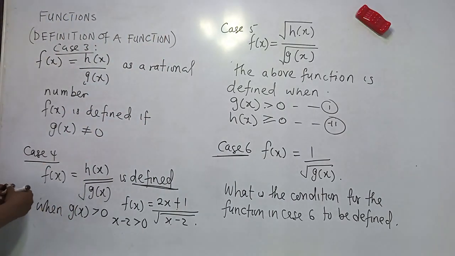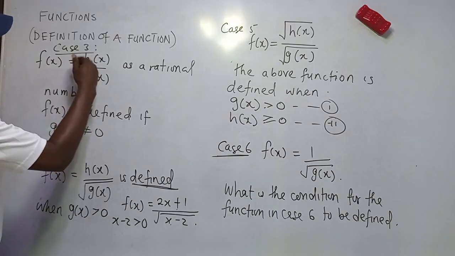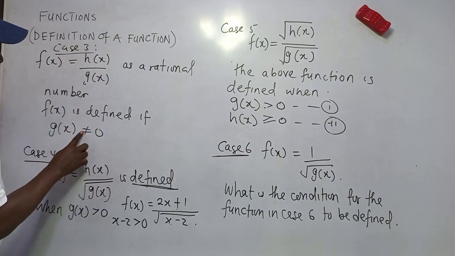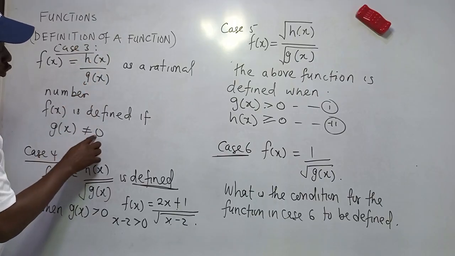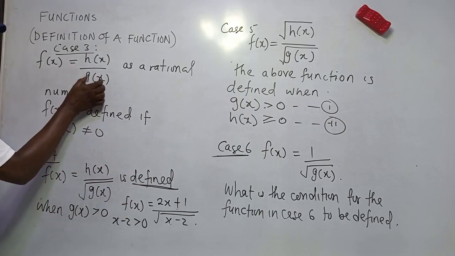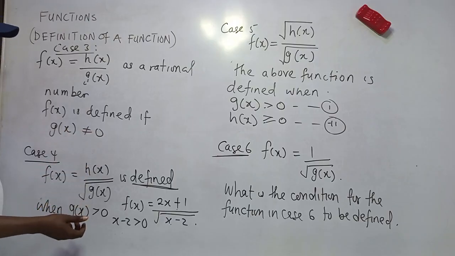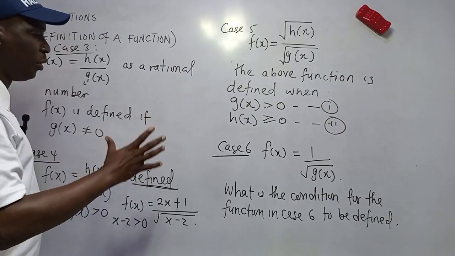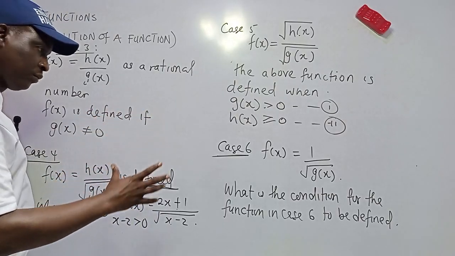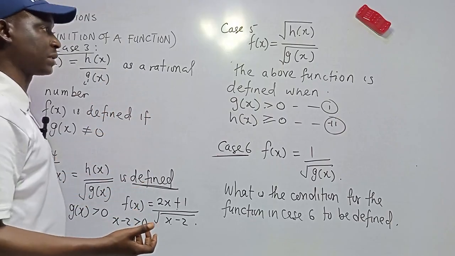If a function is defined under this rational function, that means when the denominator is not equal to 0. Then when it is equal to 0, it's undefined. You should know that. So I don't need to explain myself too much concerning the different cases that we have talked about.